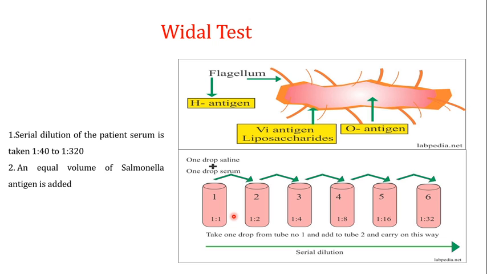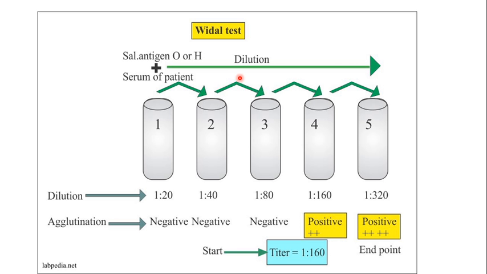After that, you have to add an equal volume of the Salmonella antigen, and the common antigens that are detected are the O antigen and the H antigen. As you can see over here, this is the serum of the patient in the dilution of 1 to 20, 1 to 40, 1 to 80, 1 to 160, and 1 to 320. So you have to add the Salmonella antigen to all of these dilutions, and then check for the agglutination.